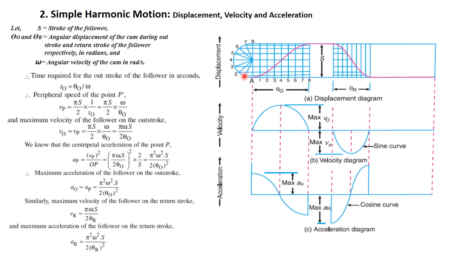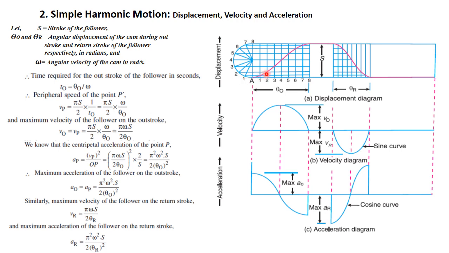Say this is 1 and this is 1 here, so we take the point of intersection of the vertical line passing through this 1 and the horizontal line passing through say 1 dash.